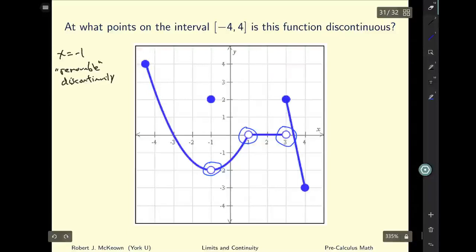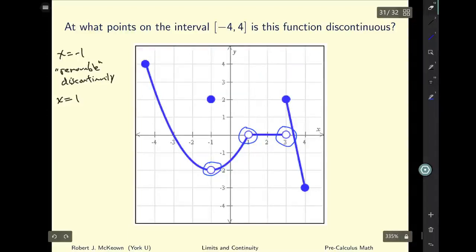But we could still replace f of -1 with its limit. So this is a removable discontinuity. Same with x equals 1. This is much like the example that we saw with that function e^x minus 1 over x. It's a similar situation as that one.